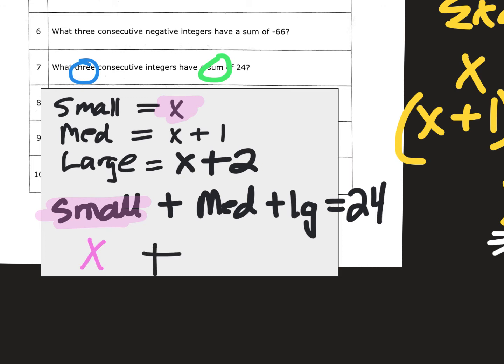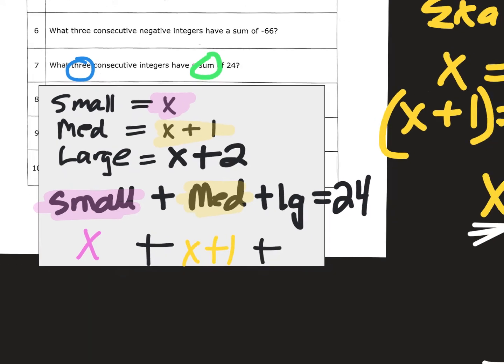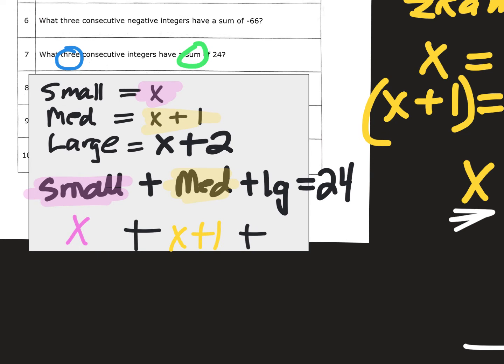Plus, what's my medium? X plus 1, exactly. Plus, what's my large? X plus 2. Yep. And we're going to set them equal to 24, because the problem told us that the sum is 24.